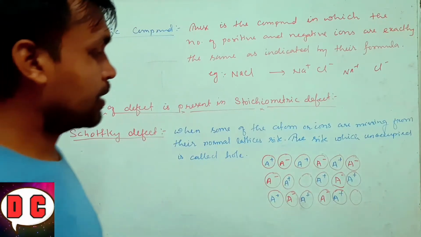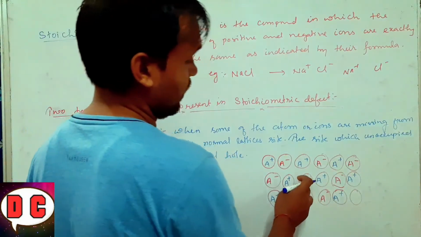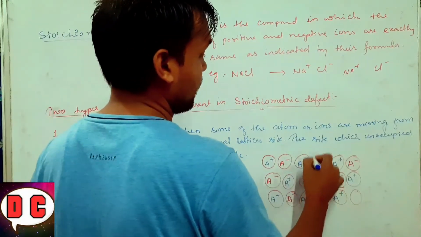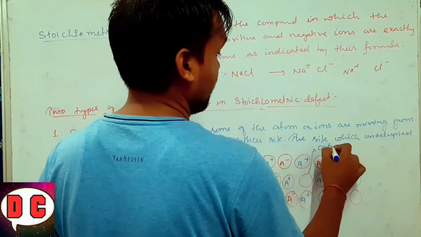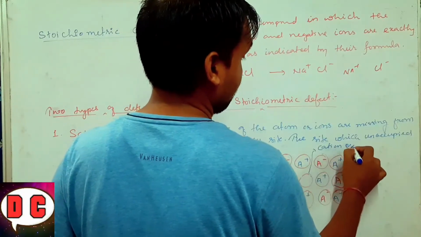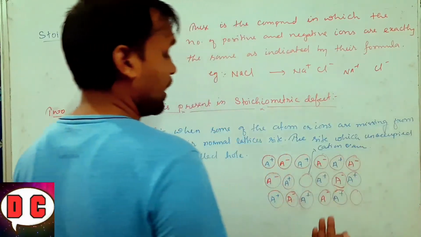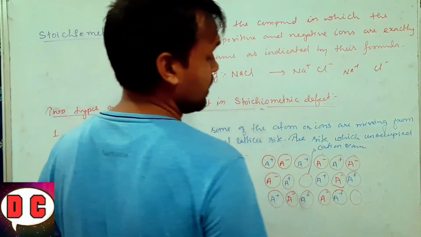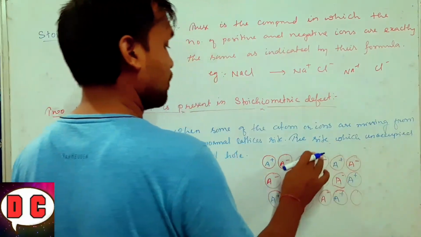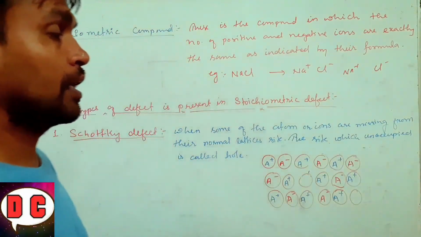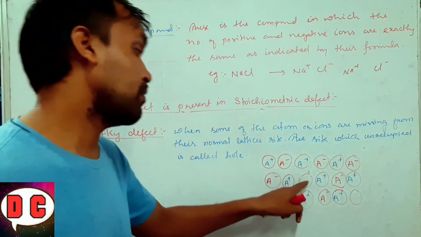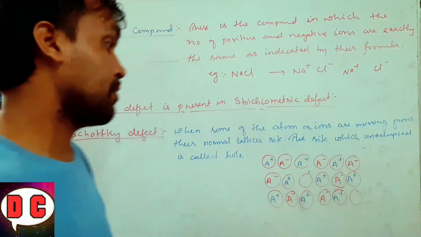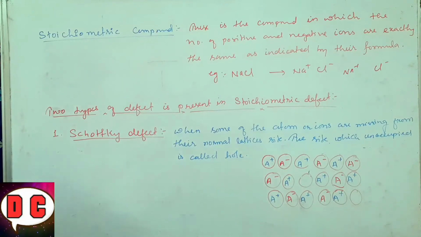Here, since the cation has left, it will be called cationic vacancy. Got it? And if an anion is missing, then we call it anion vacancy. If positive, then cation, and if negative, then anion. So here it is anionic vacancies. Okay. So once again, what is Schottky defect?